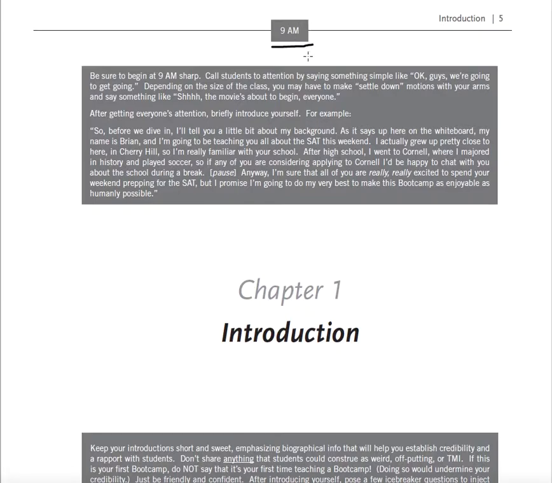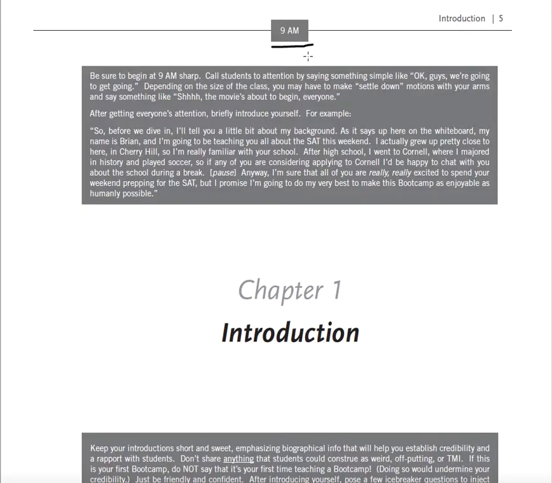And you'll notice that it says 9 a.m. It's really critical that you begin teaching at 9 a.m. sharp, particularly for those of you who haven't taught a boot camp for us before. I can tell you the hardest thing, the most challenging thing about teaching a boot camp far and away is really the pacing. There's a lot of material to cover. We want it to be as comprehensive as possible given the time constraints.